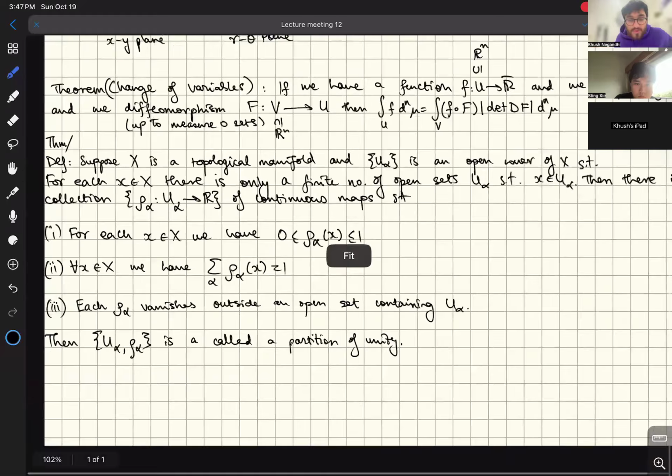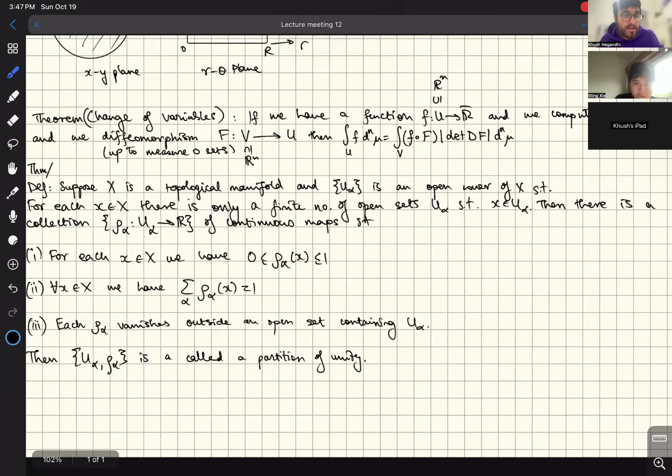So why is this useful when it comes to integration? The idea with partitions of unity is that if you're integrating over a certain region, you can break that region up into pieces that might overlap. Then you can integrate on each of the individual pieces because that might be easier, and then you can piece them all together using a partition of unity.